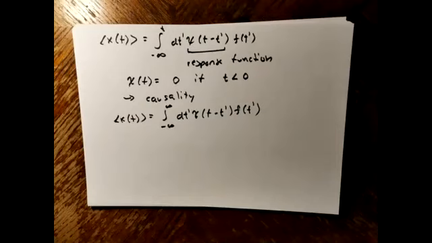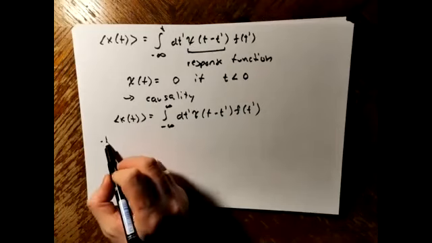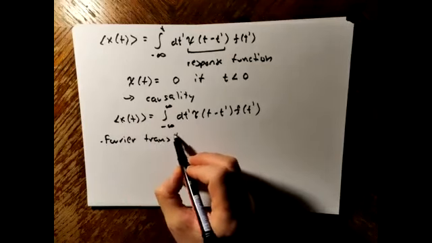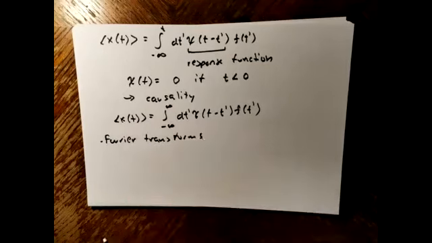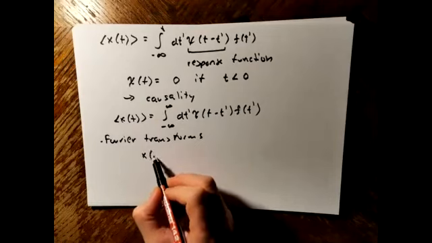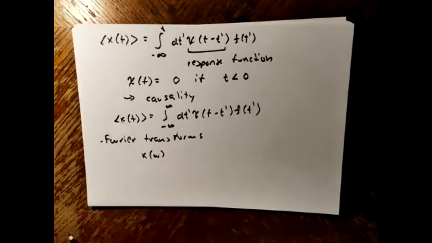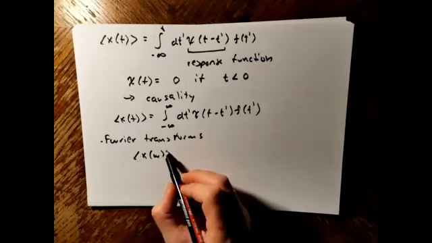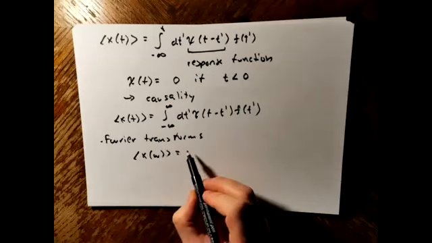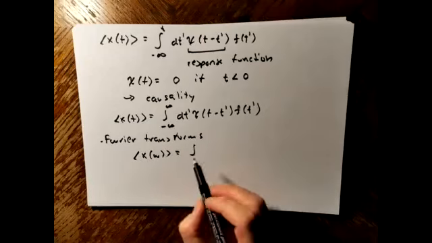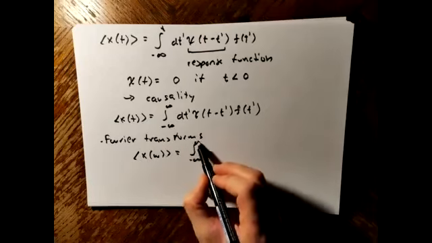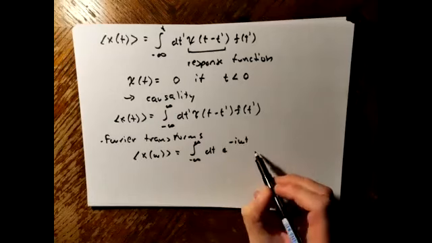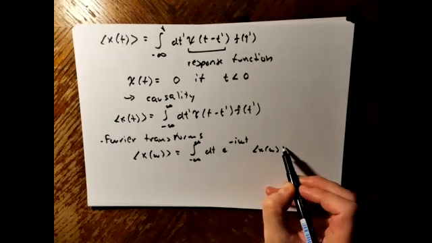Now we're going to switch to Fourier transforms, but we have to define those first. We're going to say that the Fourier transform, for example, of this quantity x, well, I guess we can average it, is the integral from minus infinity to plus infinity dt e to the minus i omega t x of t.